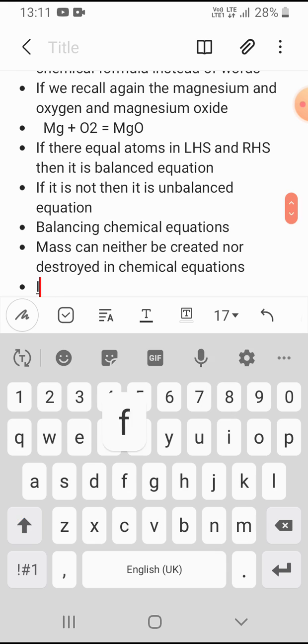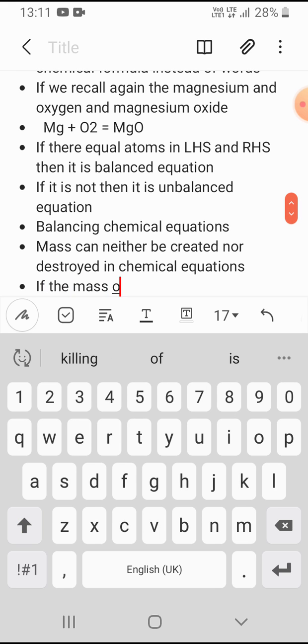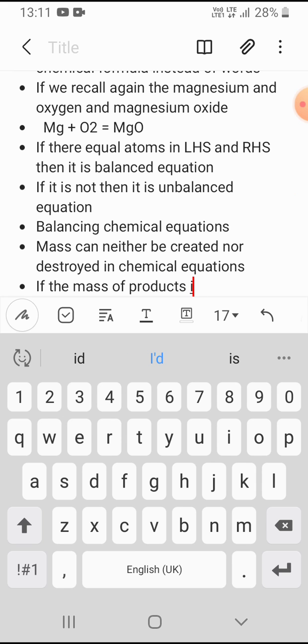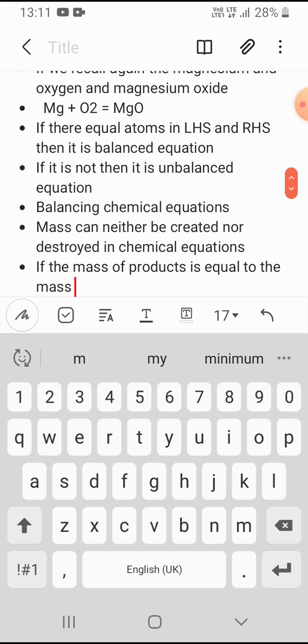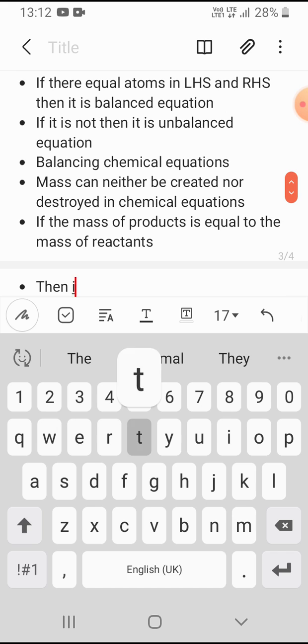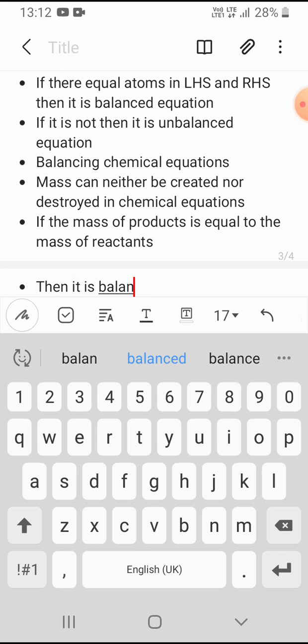So, if the mass of the products is equal to the mass of the reactants, then it is a balanced equation, because both have equal mass.